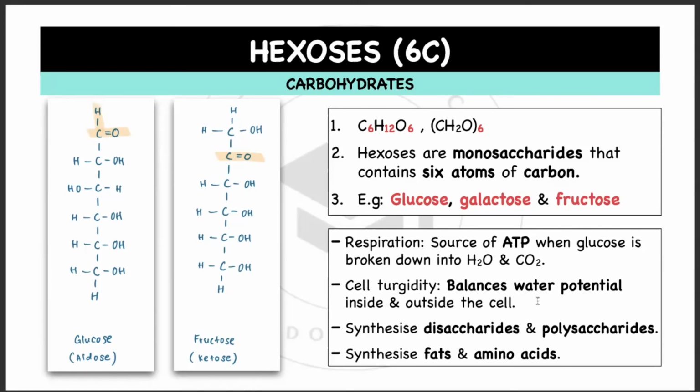Now, for cell turgidity, it balances the water potential inside and outside the cell. It also synthesizes disaccharides, which is the next topic. Now we're in monosaccharides. And it also synthesizes polysaccharides. Like I mentioned earlier, this is the building block. It's the brick. And it also synthesizes fats and amino acids.